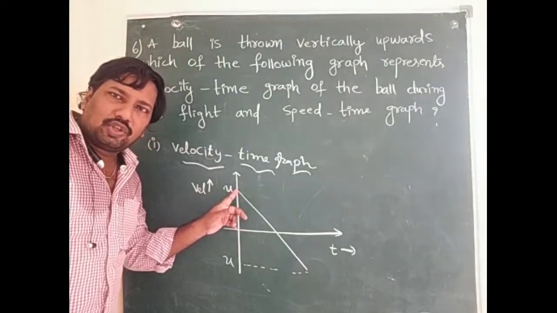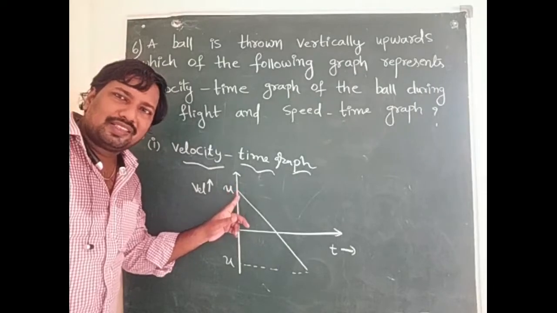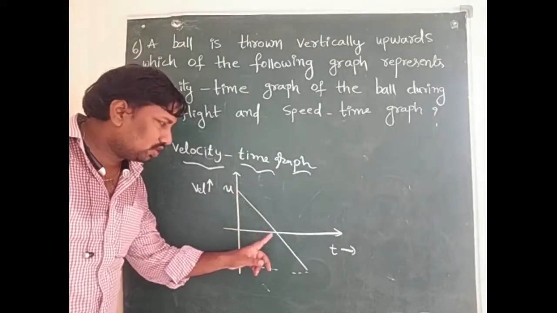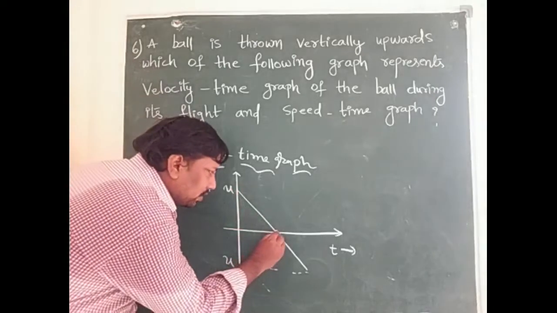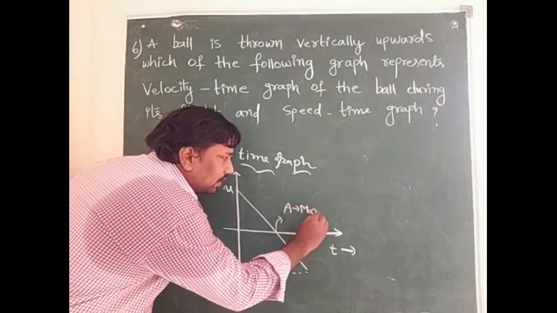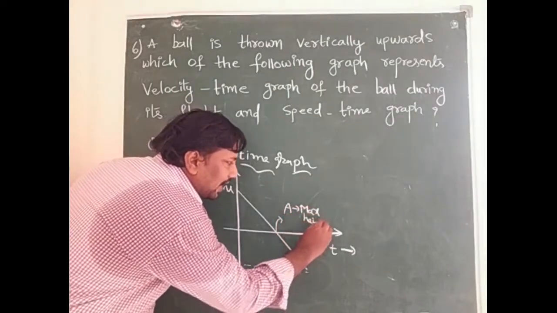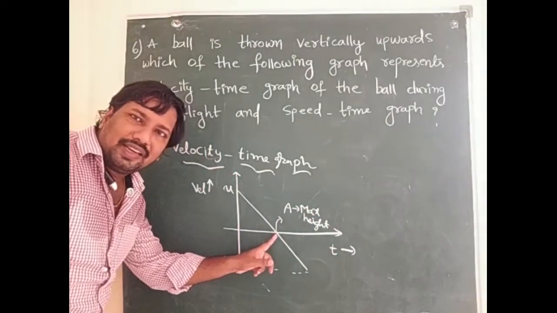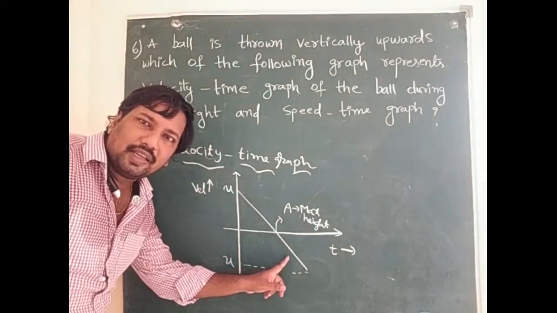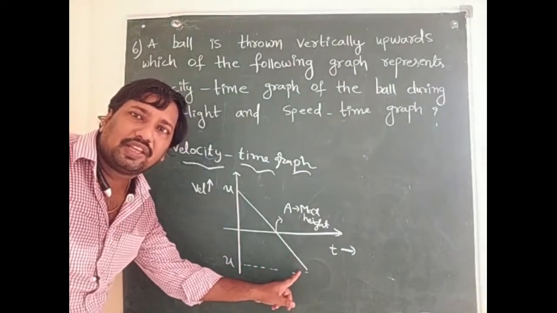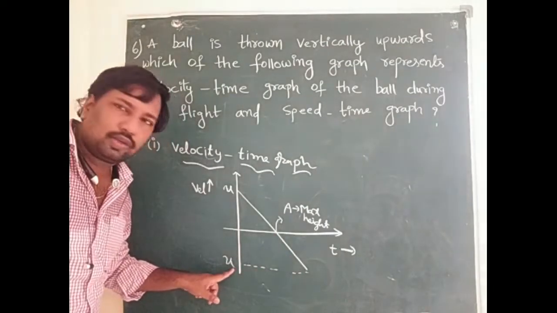In the upward direction it gradually decreases until the maximum height, point A. At the maximum height its velocity is 0, and then it gradually increases until, at the same projection point on the earth's surface, its velocity magnitude is the same, u.